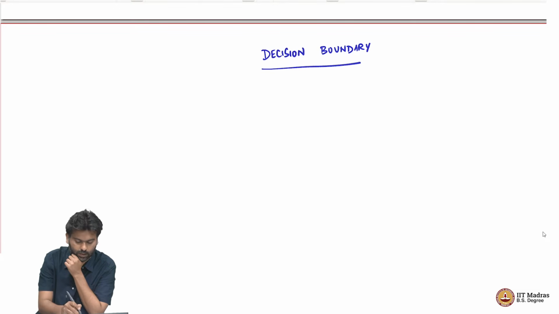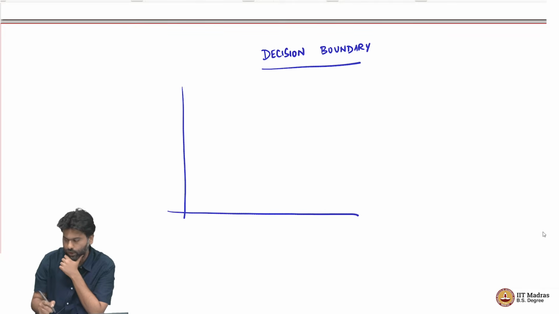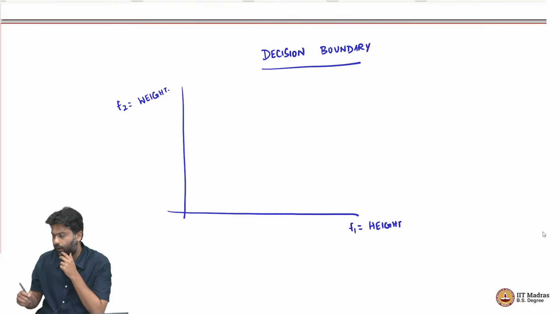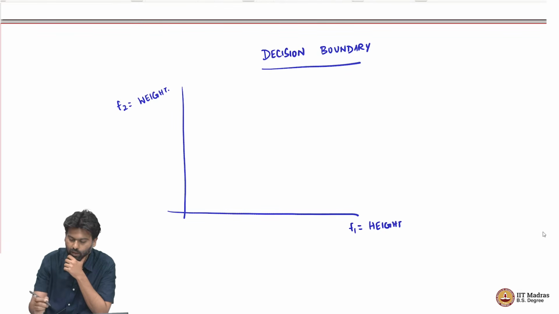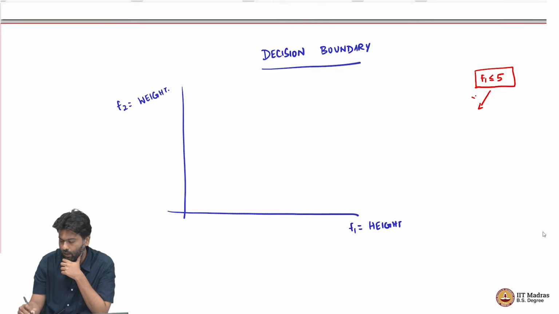For this I will take an example where you just have 2 features. Let us say feature 1 is your height and feature 2 let us say is weight. And now you have a data set from which you built a tree which looks like this, let us say, right. So, f1 less than or equal to 5, then yes, no. If it is no, then you say 1.